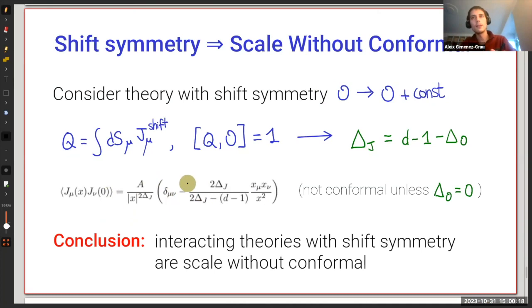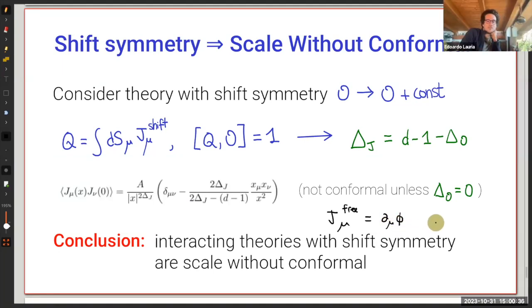In fact, for the free field, you need to check an extra thing, which is that this J might be a descendant. So for a free field, J free mu is d mu phi.